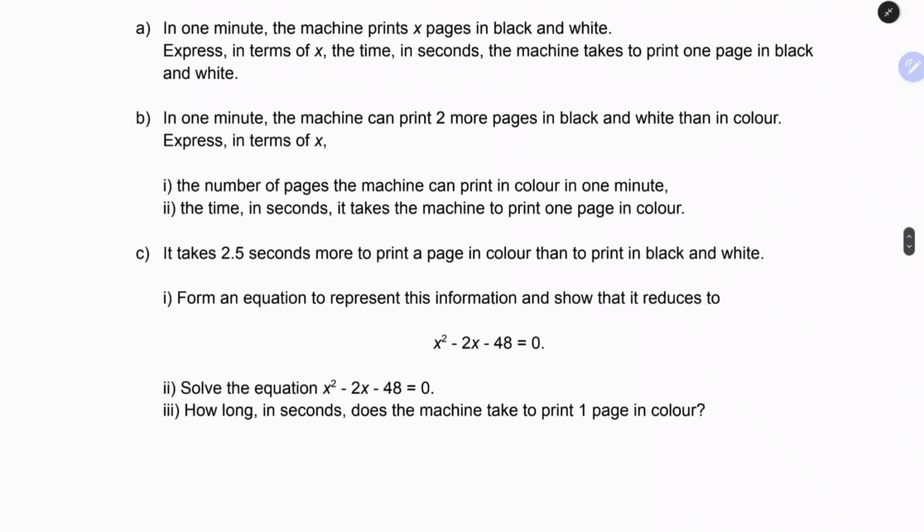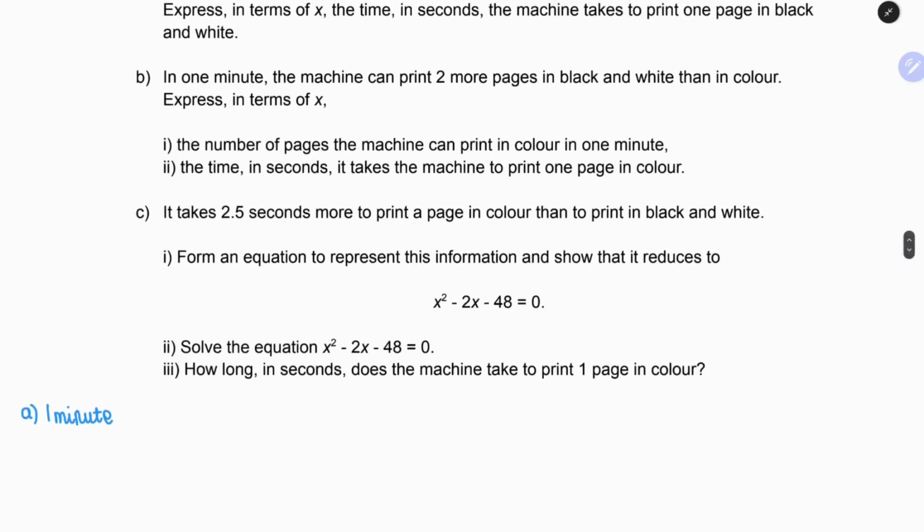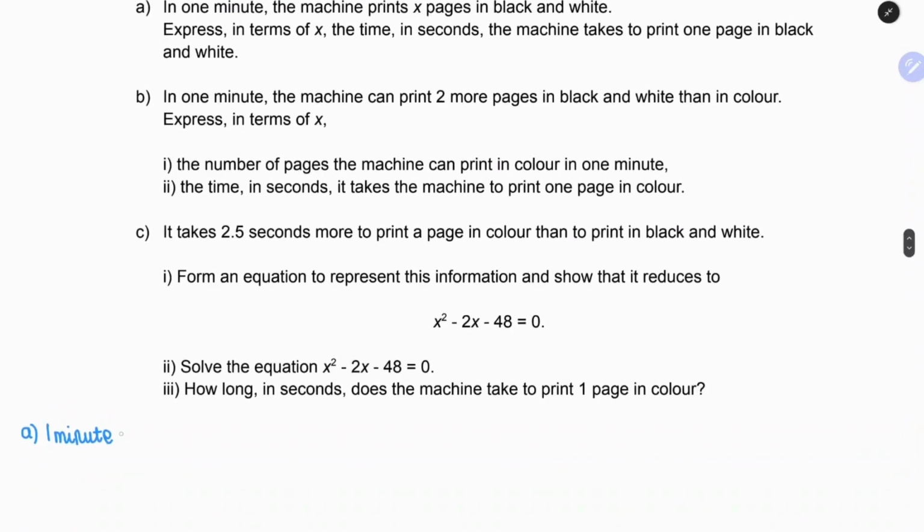So in 1 minute the machine prints X pages, and we're trying to see how much time it takes to print one page. Since it's saying in 1 minute, 1 minute is equal to how many seconds? Remember that it wants the time in seconds. So 1 minute is equal to 60 seconds.